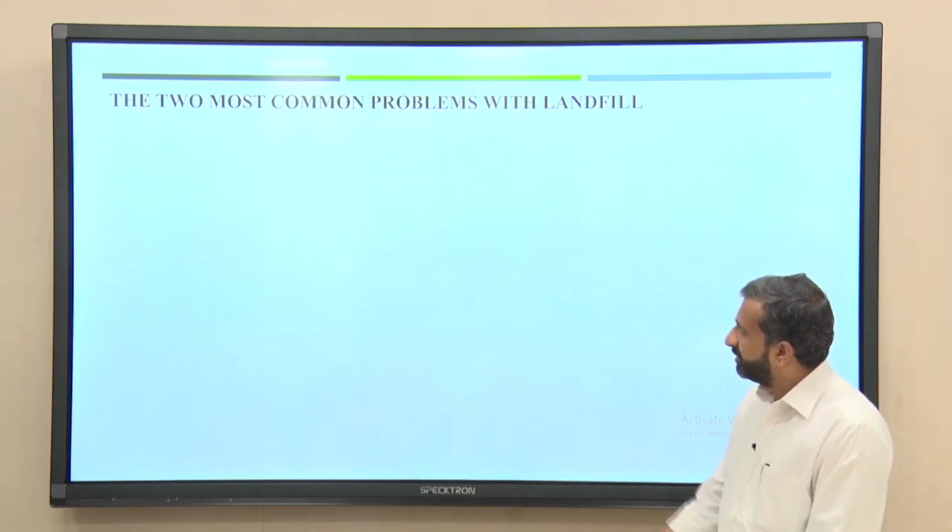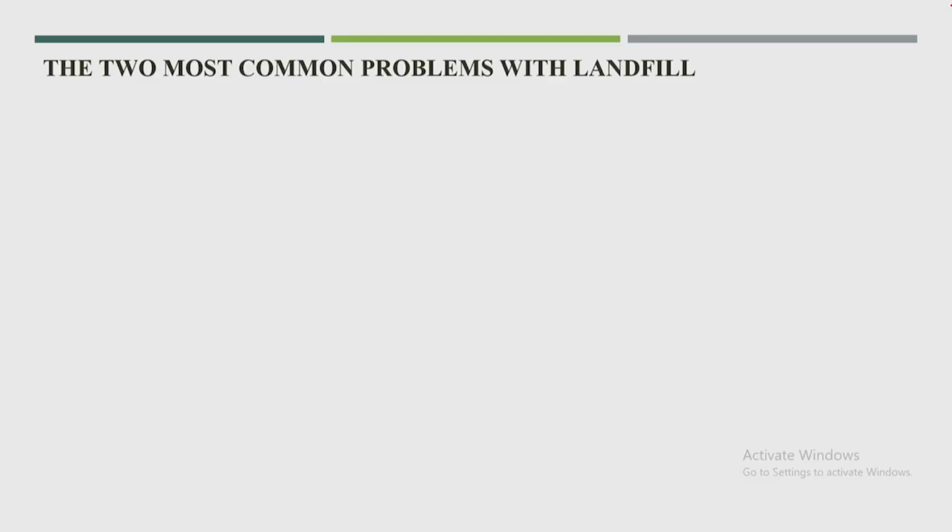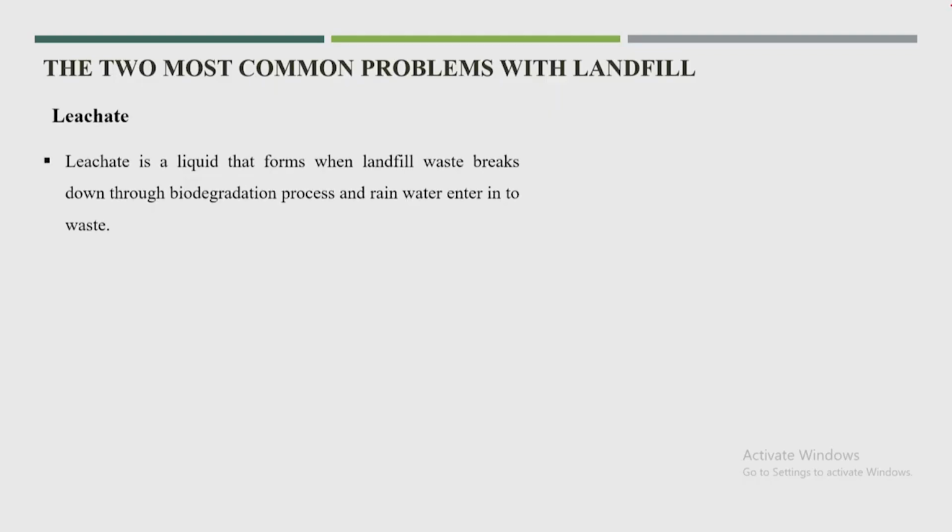There are two major common problems with the landfill. First is the leachate. Leachate is a liquid that forms when the landfill waste breaks down through the biodegradation process and rainwater enters the waste.